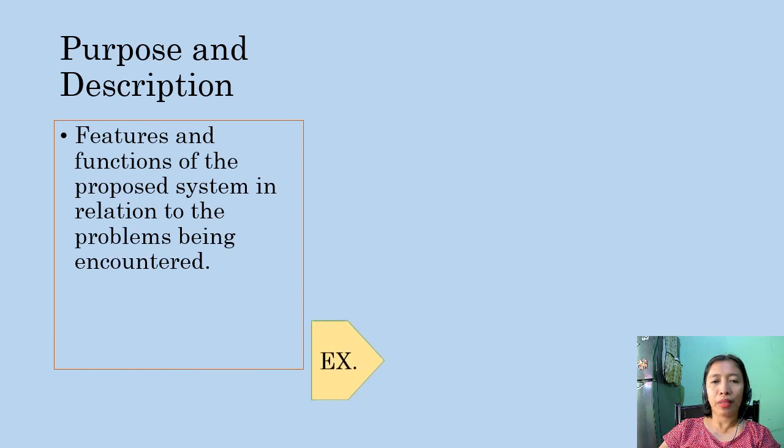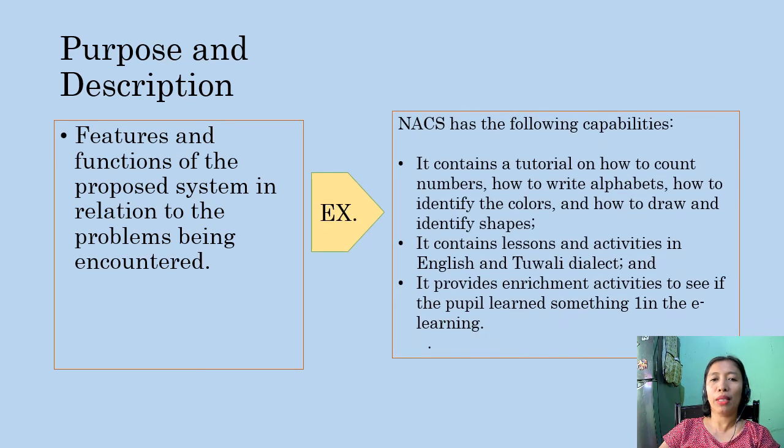is, ayan, ito pa pala na yung capabilities of the NACS. Okay, so the first capability will contain a tutorial on how to count the numbers, how to write the alphabets, how to identify the colors, and how to draw and identify shapes. These are the features.